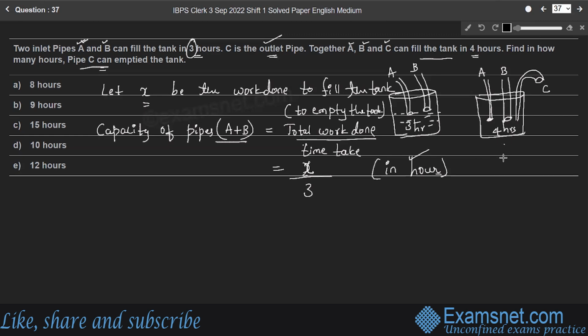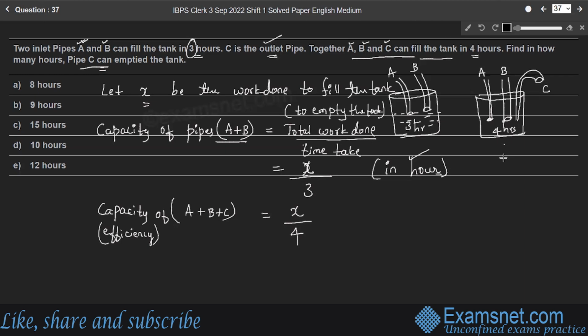Whereas the capacity of A plus B plus C together: A plus B plus C together can fill the tank in 4 hours. Therefore, their capacity is X by 4, or we can consider it as efficiency. Both are the same.